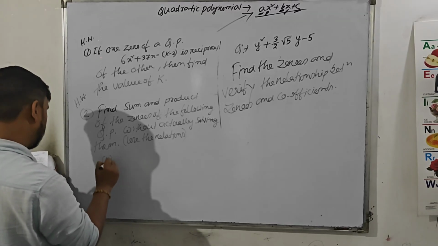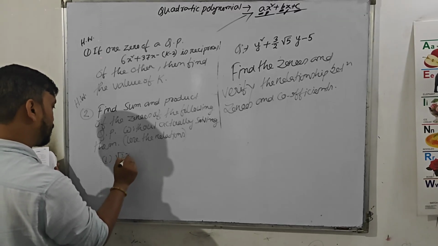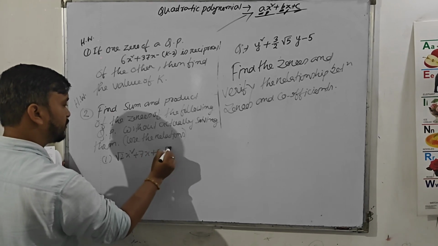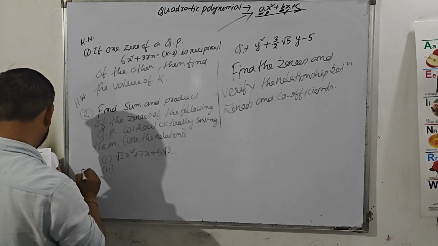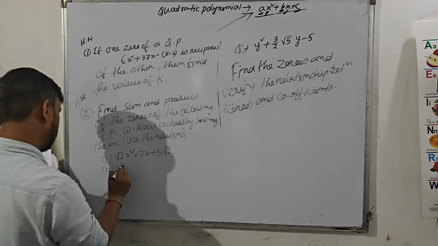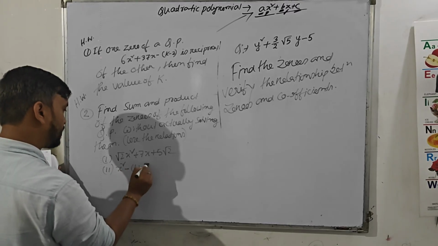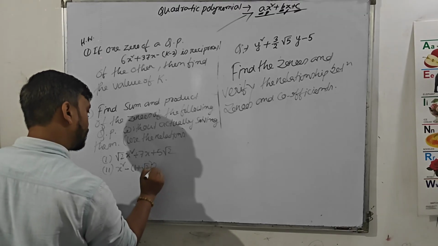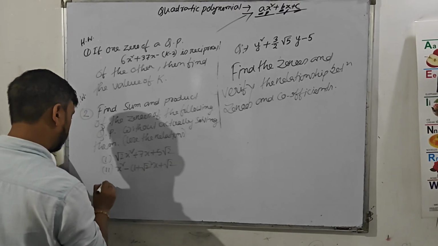So the first one is 2x squared plus 7x plus 5. The second one is x squared plus 2x plus 2.